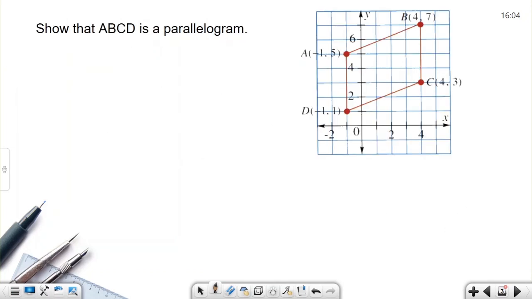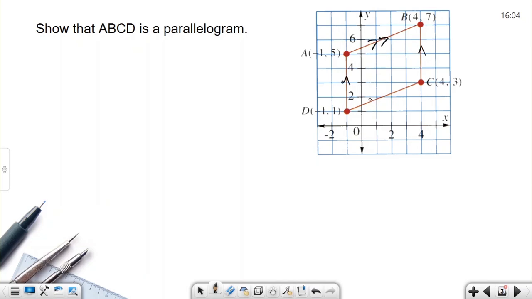Okay, let's continue. Show that ABCD is a parallelogram. What do we know about a parallelogram? Opposite sides are parallel. To show that ABCD is a parallelogram, we need to show opposite sides are parallel.